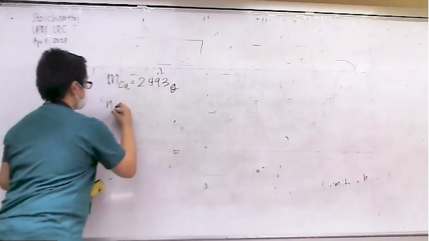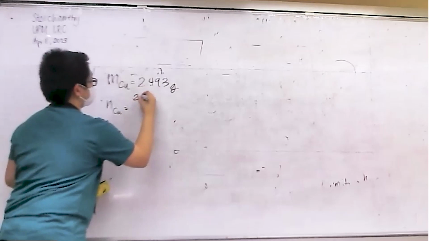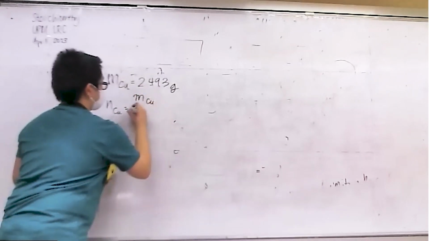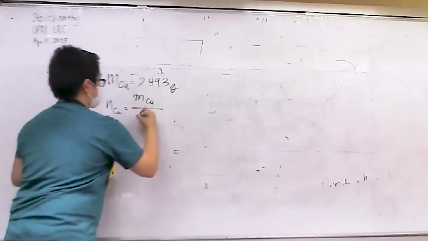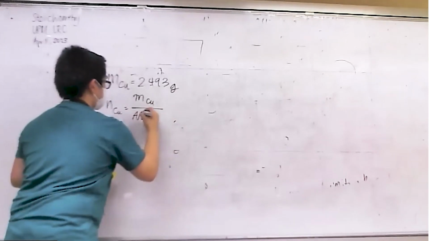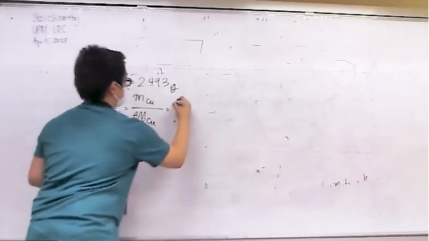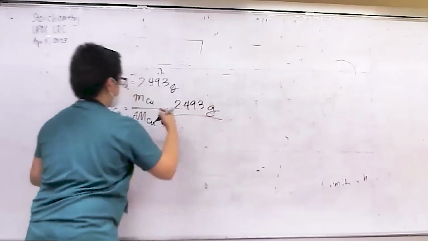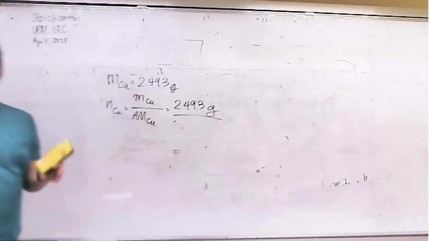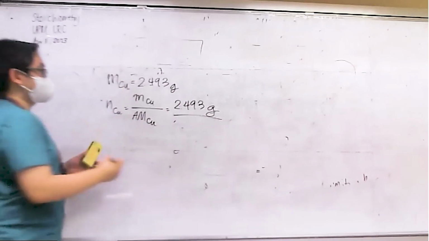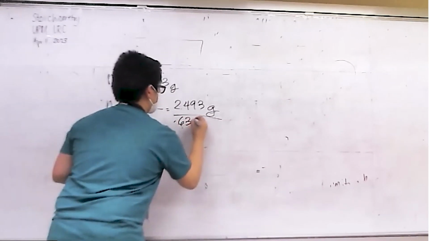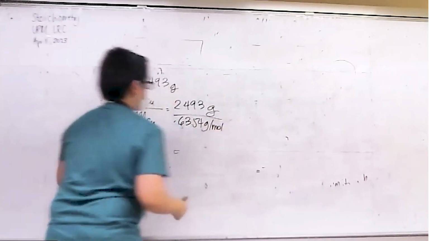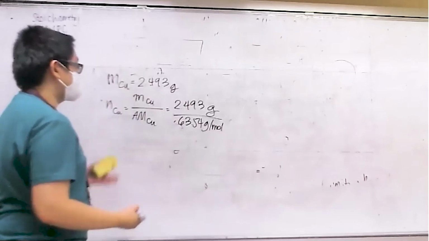So, the moles of copper is equal to mass of copper over atomic mass of copper, which is 2.493 grams over, I think, 63.54 gram per mole. Yes, 63.54 gram per mole. Now, technically speaking, paano mo malalaman kung tama yung sagot mo?